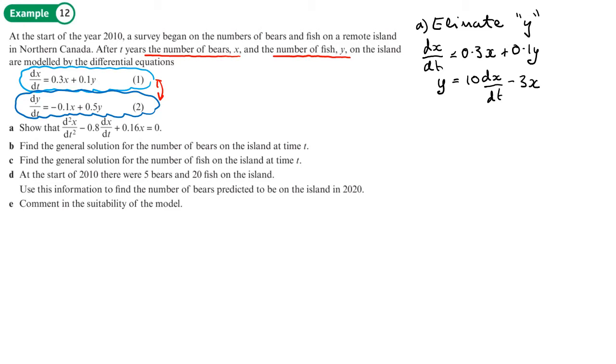Right, so we're now going to differentiate this with respect to t, so I'll have dy/dt. Now when I differentiate this term with respect to t, I'm differentiating this term here with respect to t. And then the minus 3x, so the x, when I differentiate it with respect to t, this is like the implicit differentiation.